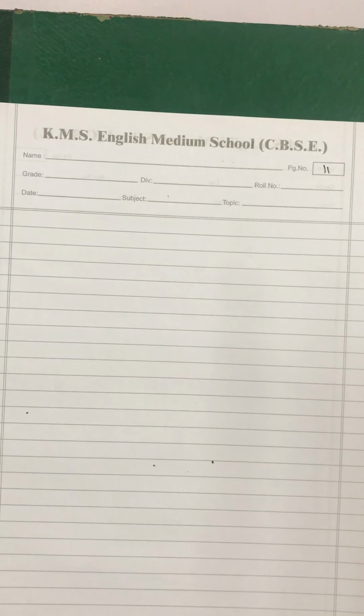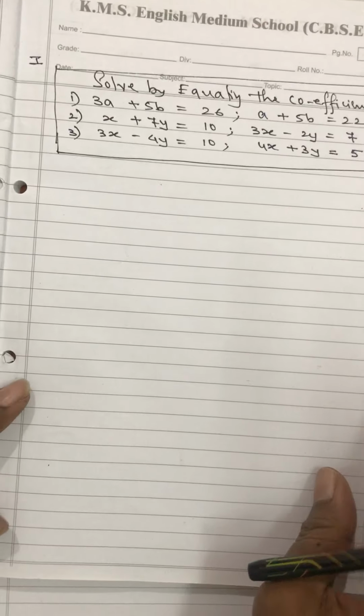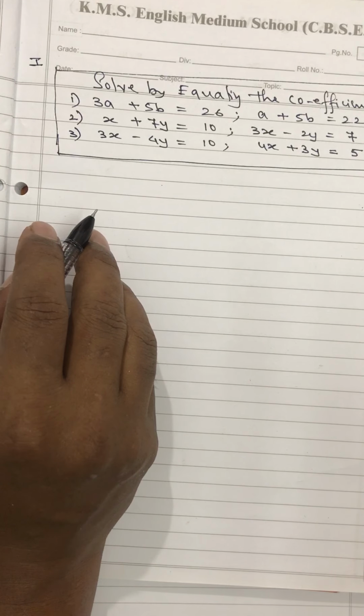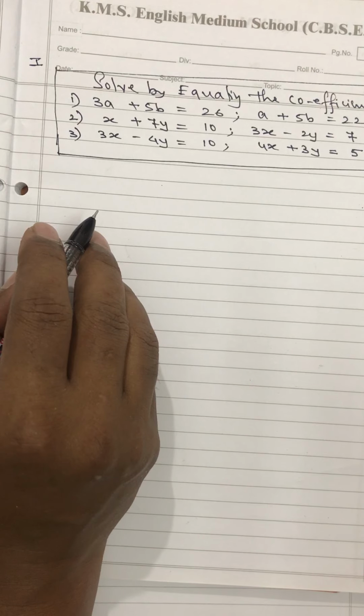And now what I want you all to do is to solve 3 new questions. Not these 3, I am giving you 3 new questions. And I want you all to solve them by all the 3 methods.